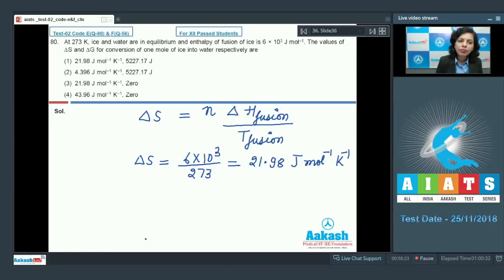This is the value for delta S. And if we talk about this delta G value, because we are talking about equilibrium condition, so definitely this delta G value is 0. And if we have both the values of delta G and delta S, we can easily choose the correct answer. Delta S and delta G, that is 21.98 and 0, is given in option 3. That's why the answer is option 3.